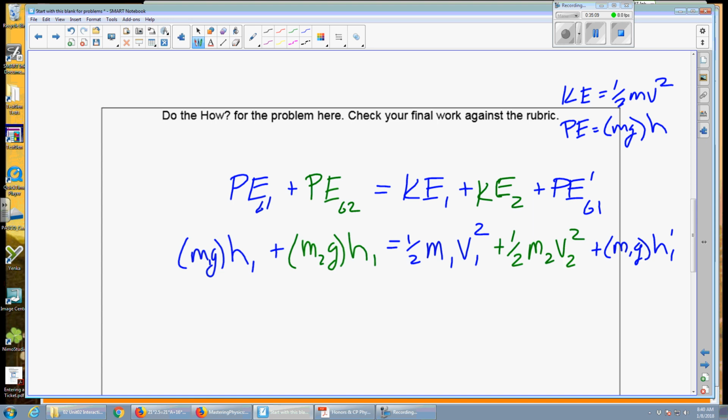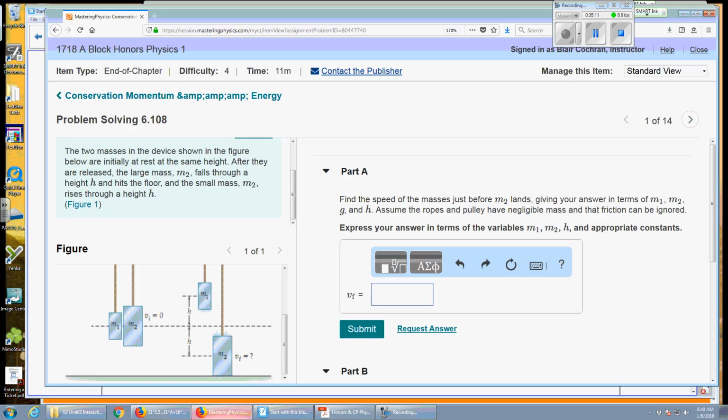So, let's see. They tell me that those are little h's, right? So I'm going to say from here, I'm going to call this point 0. I'm going to call that initial height little h, and that top height 2h. Okay? Yes, everyone okay with that? Okay.